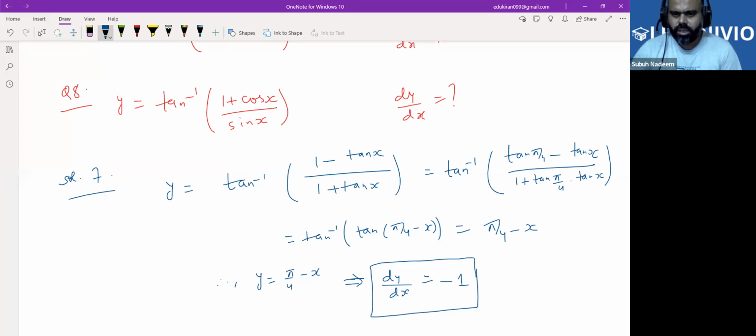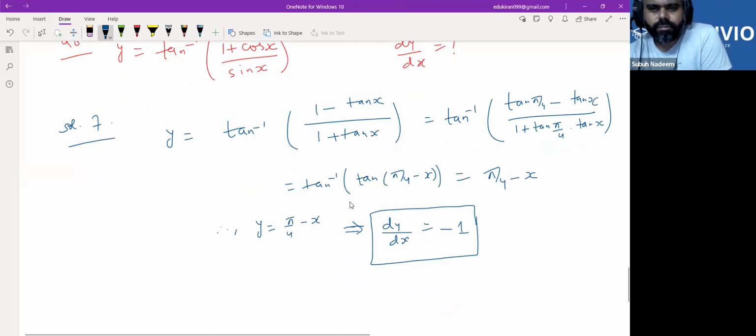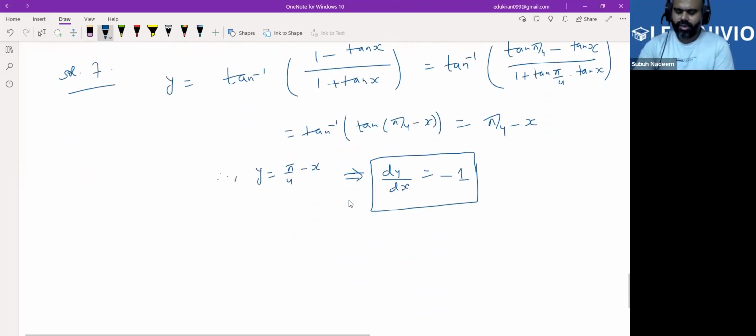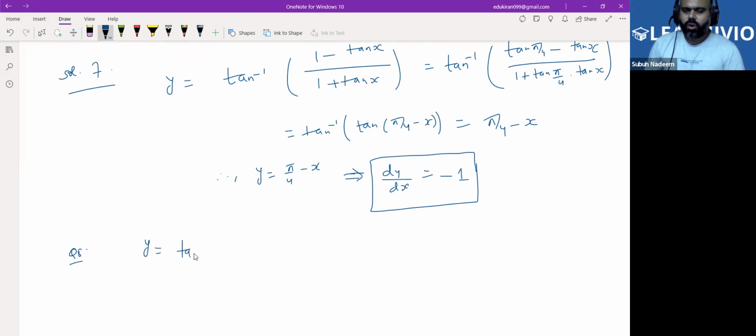So what are you thinking about question number 8 now? How to do that? It is tan inverse of (1 plus cos x) by sin x.